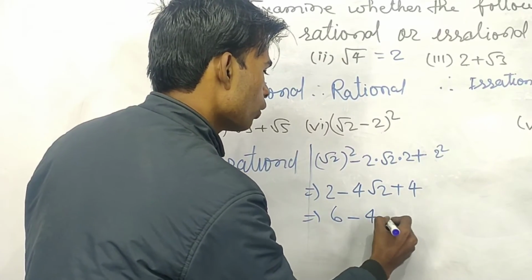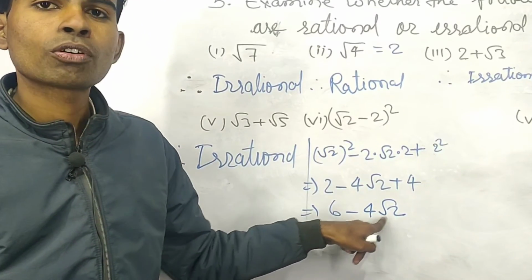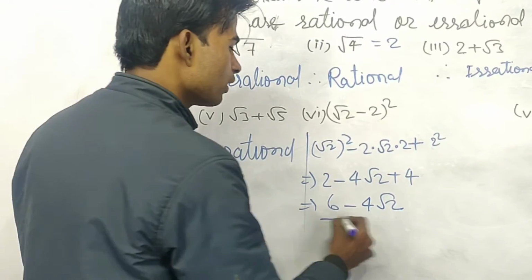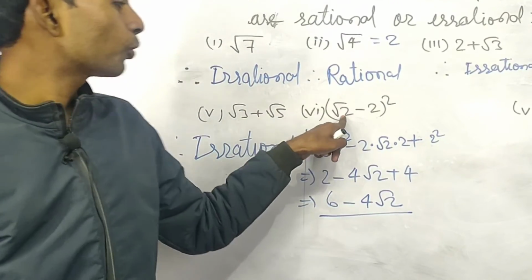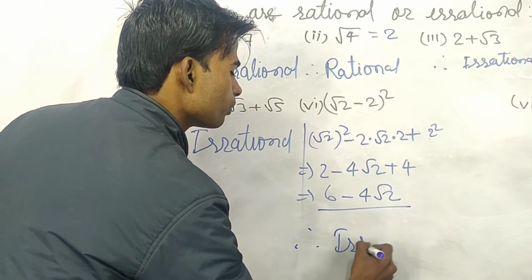So 6 minus 4 root 2, and we know that 4 root 2 is an irrational number. That's why root 2 minus 2 whole square is an irrational number.